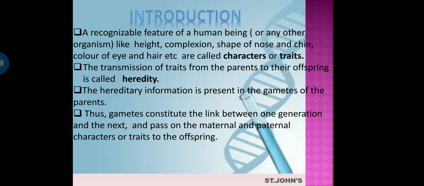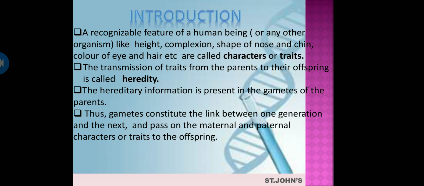And coming to one more point, the study of heredity and variations, I'll tell you what variations are, is called genetics. Genetics is nothing but the science of the study of heredity.